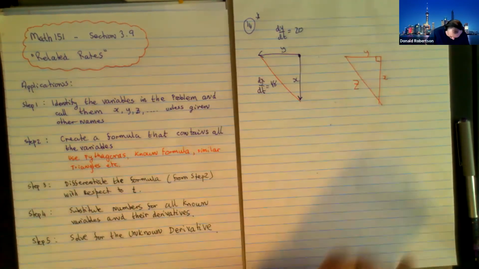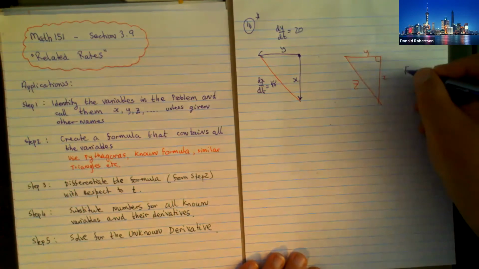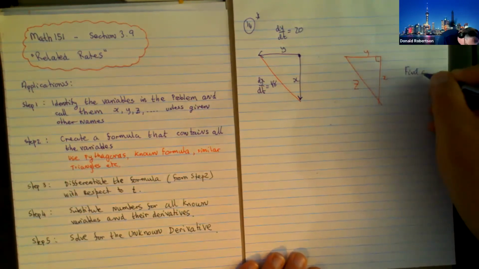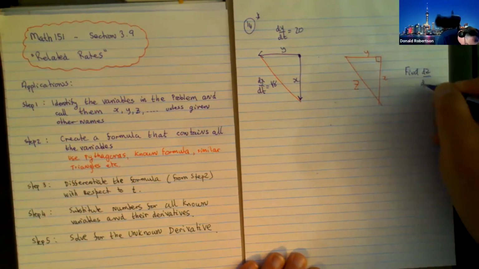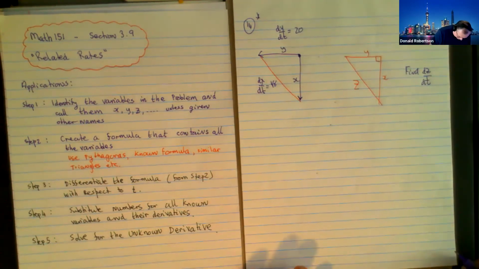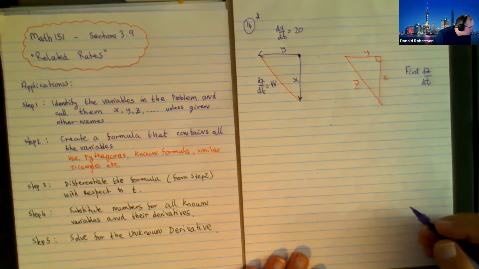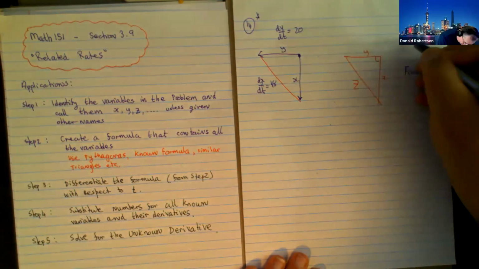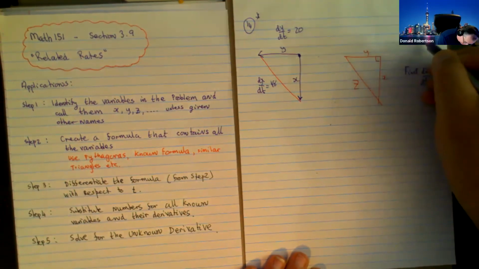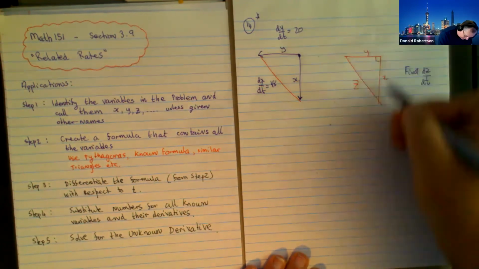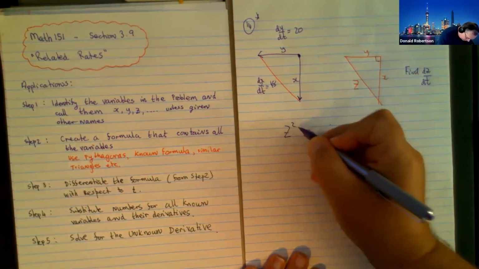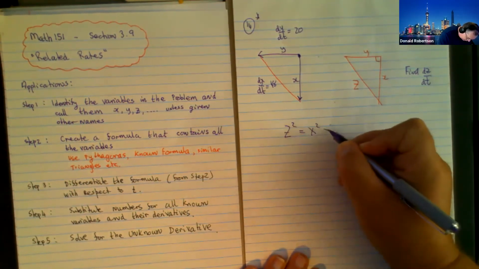That distance is Z. And we're being asked to find the rate at which they're moving away from each other. And we're doing it at the 3 hours. Now, when you look at this triangle, it's actually a lot easier than the previous one.